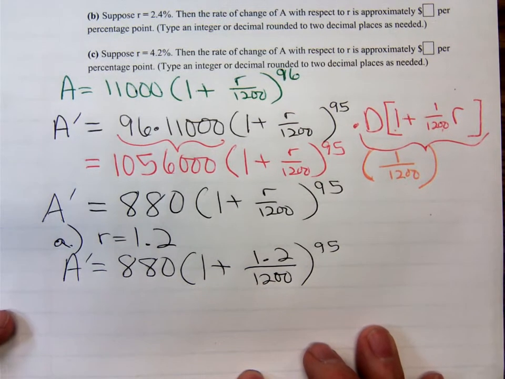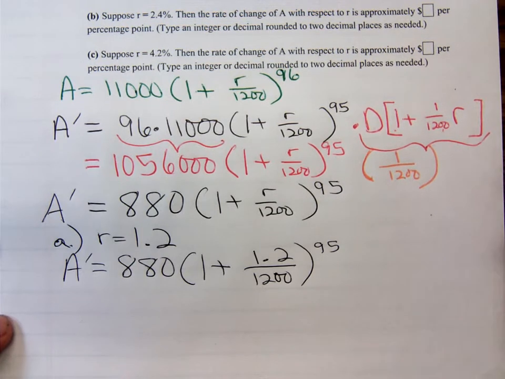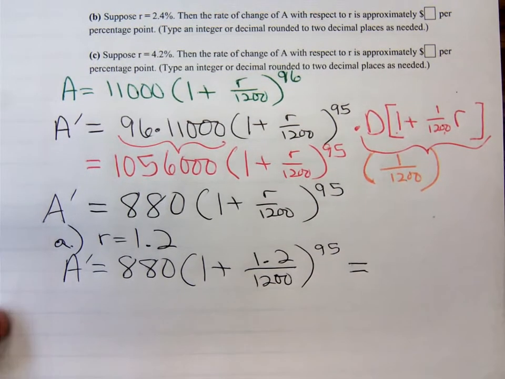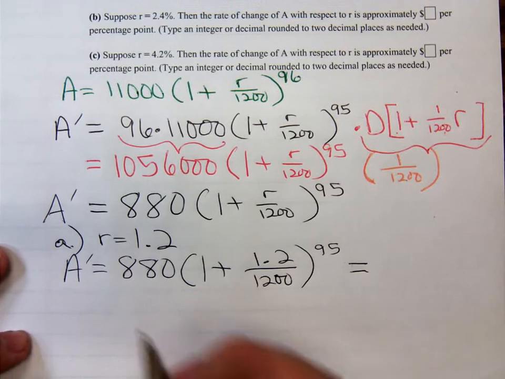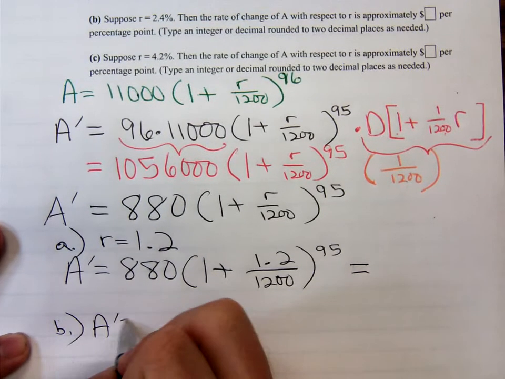Part B, and we'll have to punch that into our calculator in a moment. Part B, they want us to plug in a 2.4.